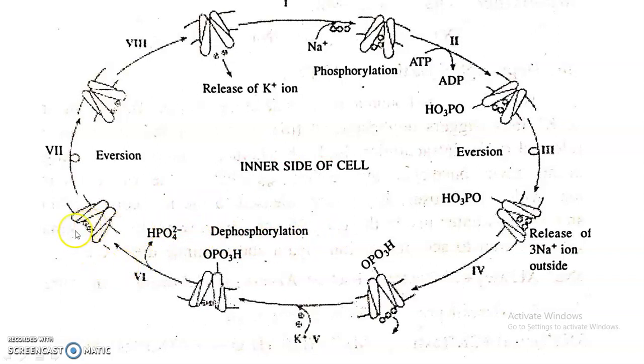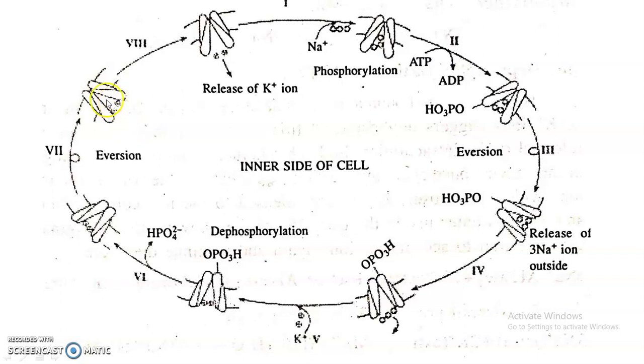Now here 2 potassium ions are entering into the cell through this cell membrane. Again here there is an eversion process. Eversion means now the outside gate is closed, and the inside gate is open, and the alpha subunits play a very important role in getting in the potassium ions and releasing out sodium ions.